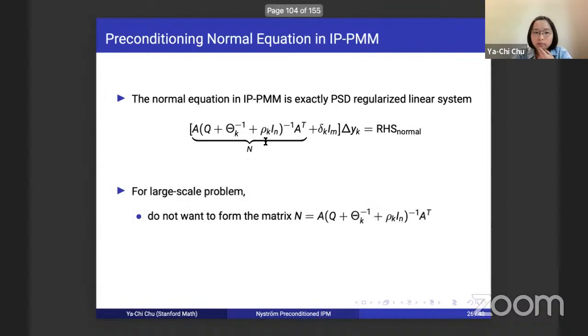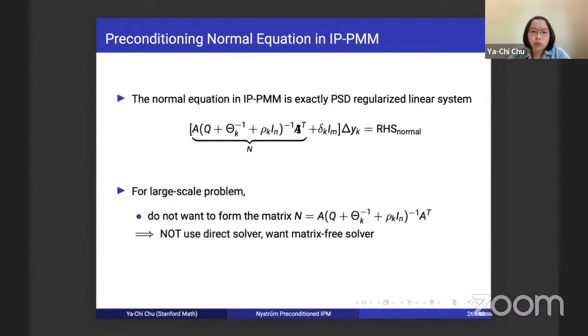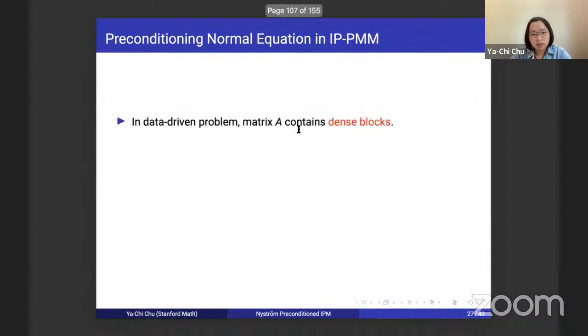For a large scale problem, we cannot form this N directly. Basically, we don't want to multiply out A times D times A transpose, so we should not use the direct solver here. We want some matrix-free solver for that. The most important matrix-free solver here is the preconditioned CG. The question is only how do we do the preconditioning?